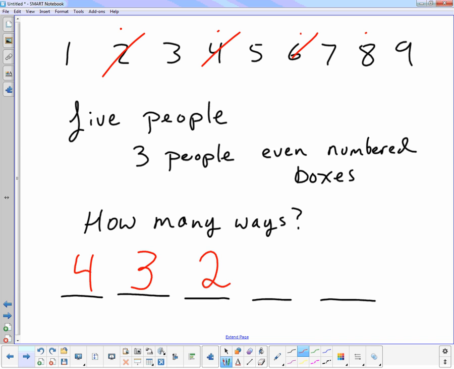So now how many does Nikki have to choose from? She has all the ones that are left over. So she can pick up to 6 items, okay? Because she likes odd numbers as much as evens. And then Eric has how many to choose from? 5. So yeah, 720.